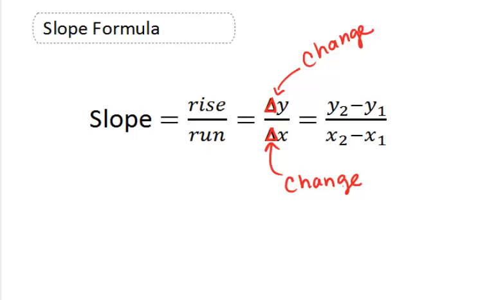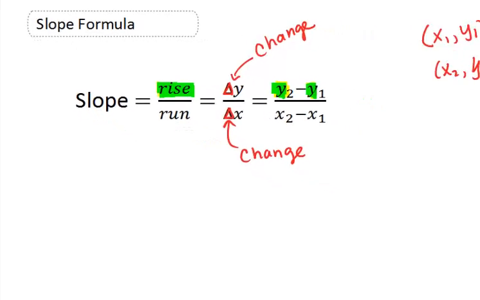Now this formula should be fairly easy to memorize because it rhymes. Slope is defined to be the rise, which are the y's, over the run, which is the x's. So again, one more time, slope is the rise or y's divided by the x's. This should be a very easy formula to have memorized.